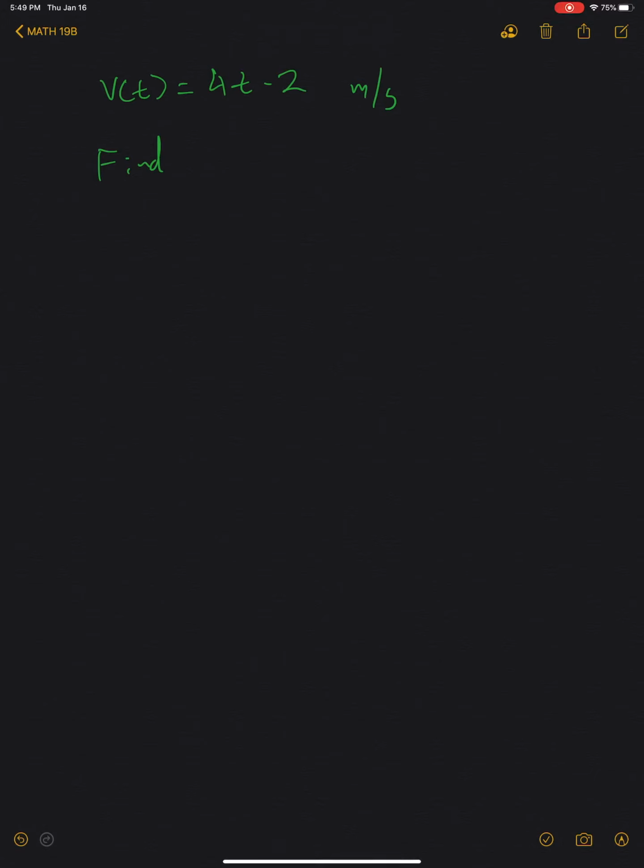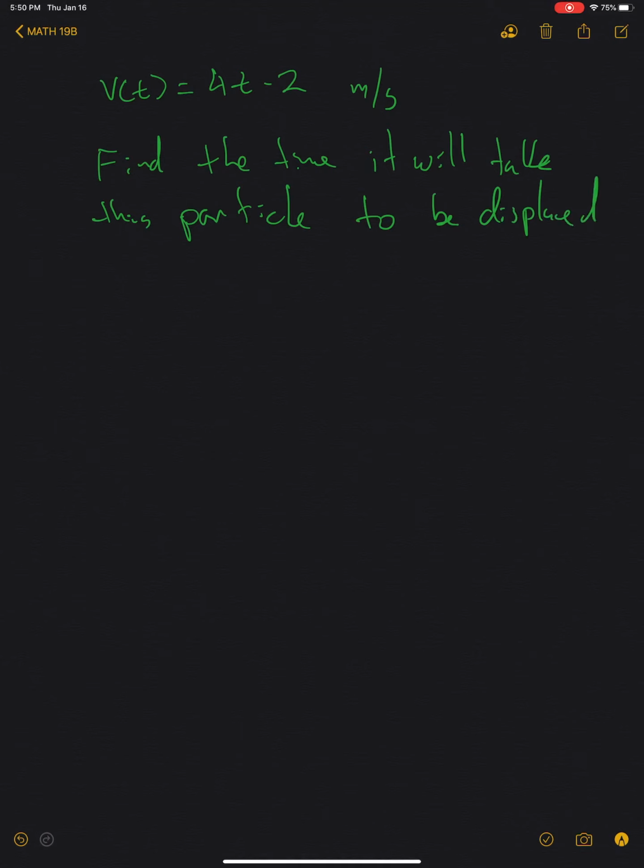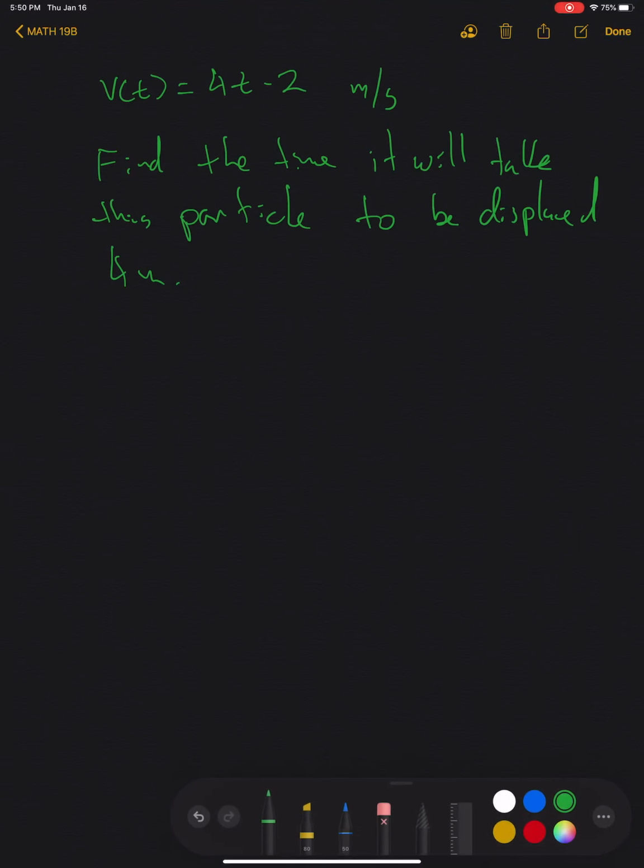So find the time it will take this particle to be displaced 4 meters. In other words, what we're trying to look for here is the net change of the particle.